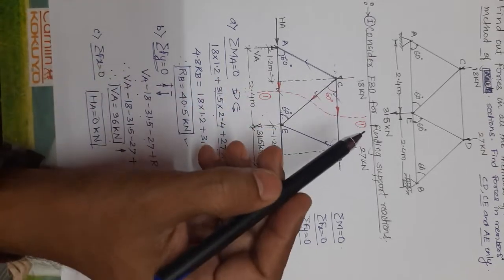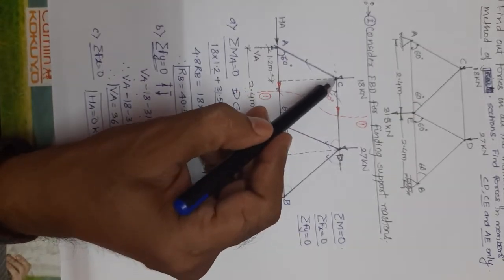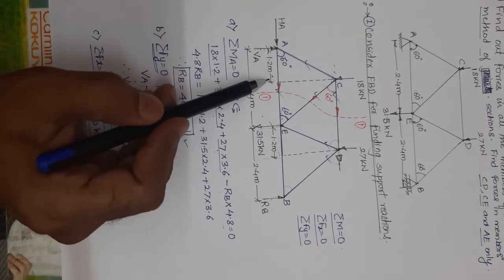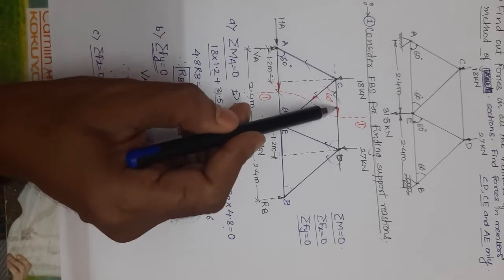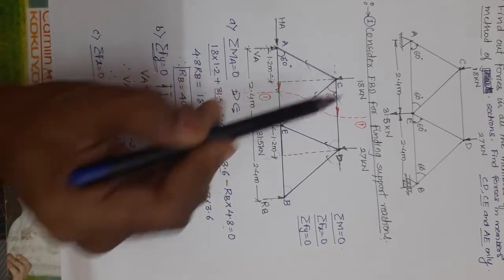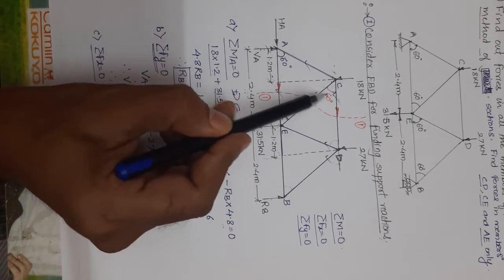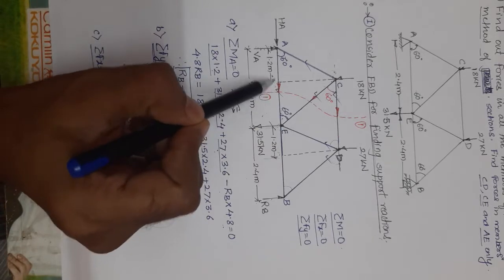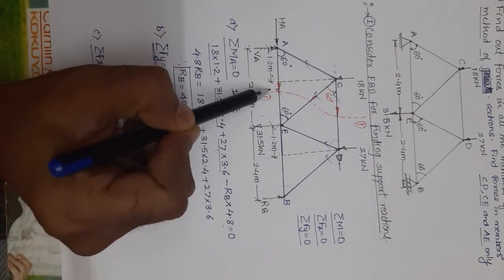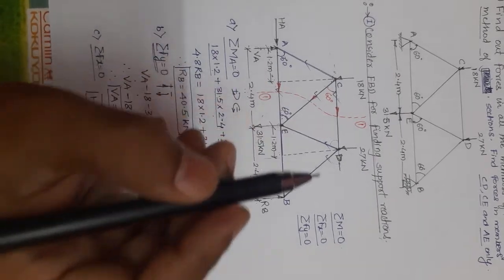If I take the moment about C here, you can see that these two forces are passing through C. Since these two forces pass through C, they become 0, and what remains in this figure is this one. So we can directly get the value of FAE here.